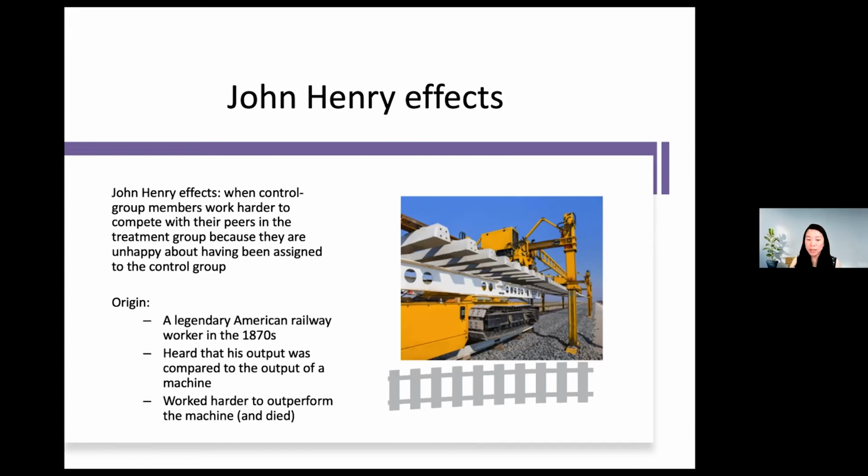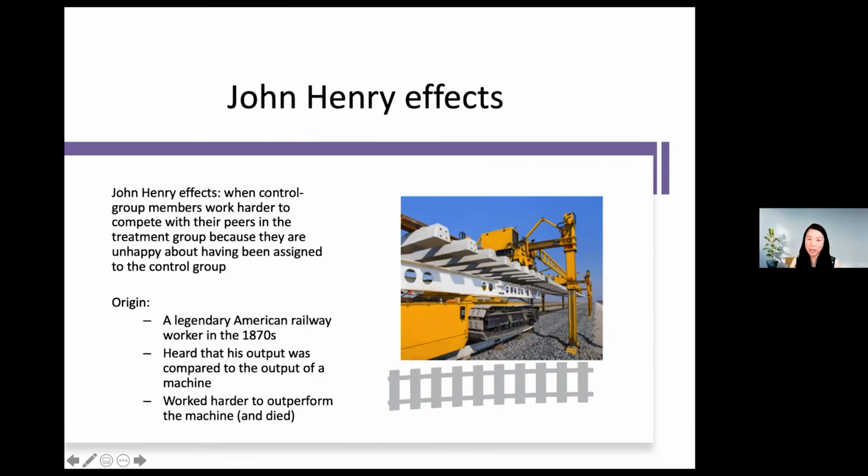Because John Henry knew this experiment was going on, he worked harder, since he was not happy about the machine being assigned the work. He wanted to change his behavior and work harder than the machine. So he worked harder to outperform the machine and eventually died from working so hard.